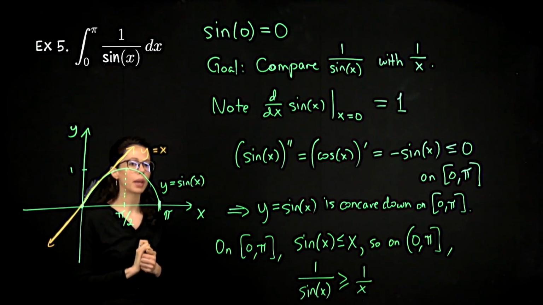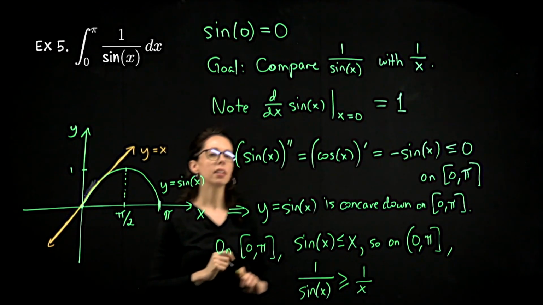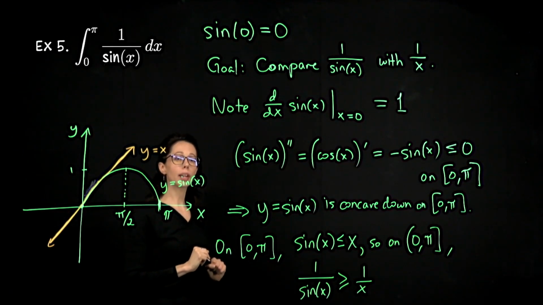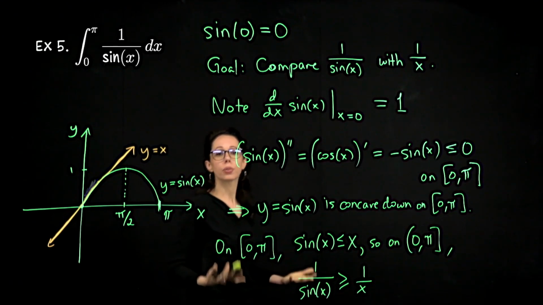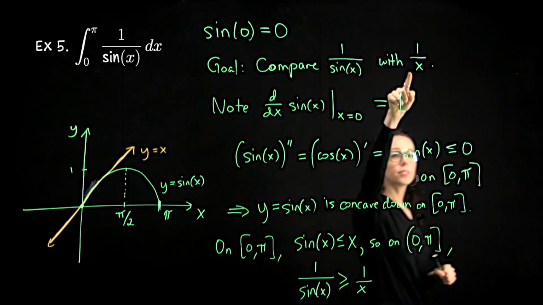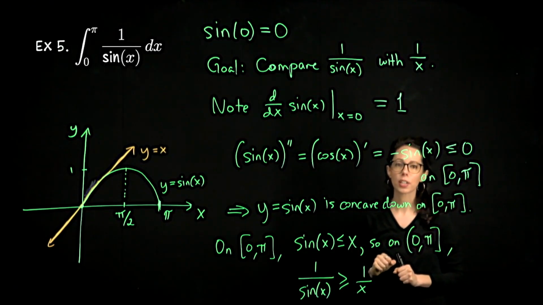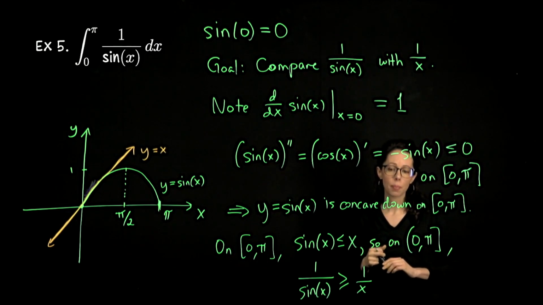Okay, so now I have a comparison between the integrand that we started with and an integrand 1 over x, which we've already analyzed. We know that on 0 to 1, and therefore on 0 to pi, this function, which is one of those functions where p equals 1, encloses an infinite amount of area.